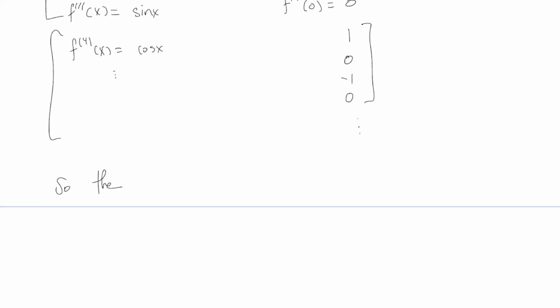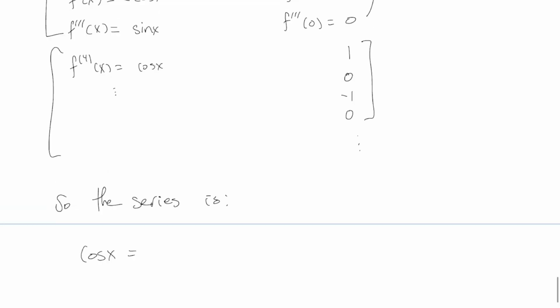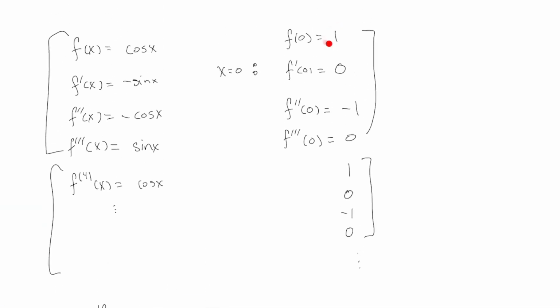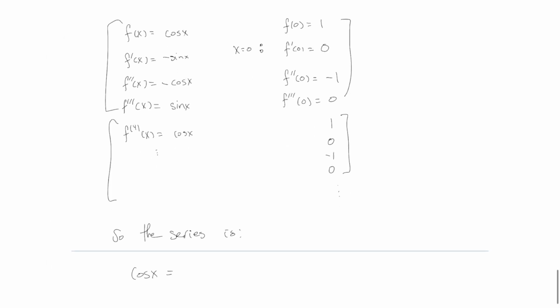So the series for cosine x: the first term this time is not a 0, it's a 1, because f of 0 is 1. Next, 1 over 1 factorial, 0, x to the 1. I put 1 over 1 factorial, that's just always part of the coefficient, and then 0, because that's what f prime of 0 was.